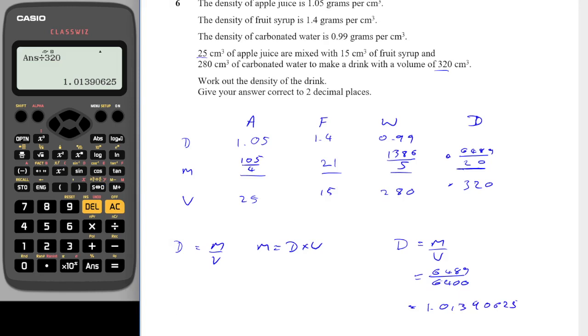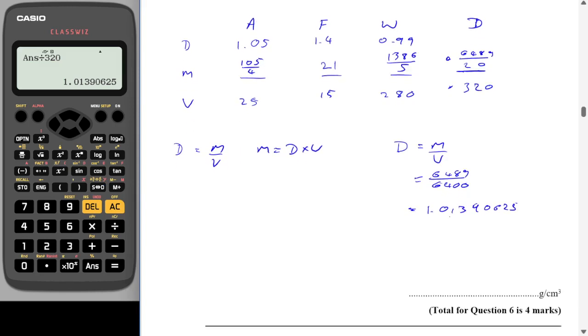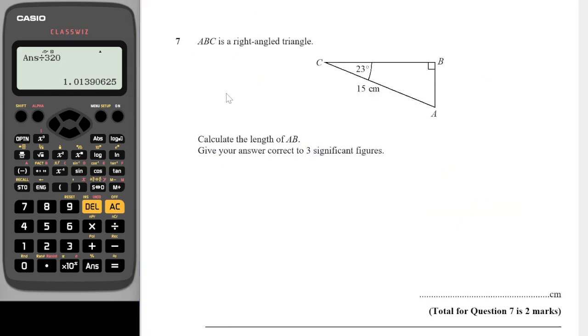So to 2 decimal places, that's going to be 1.01. There we go.